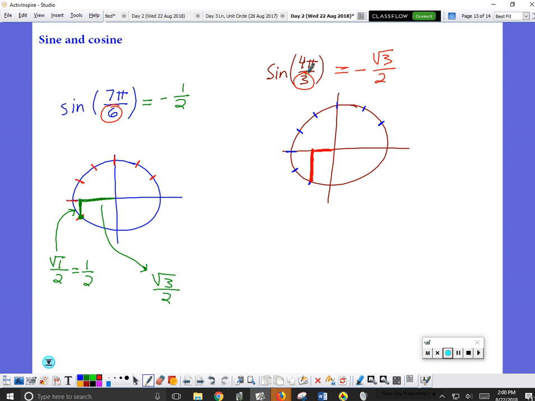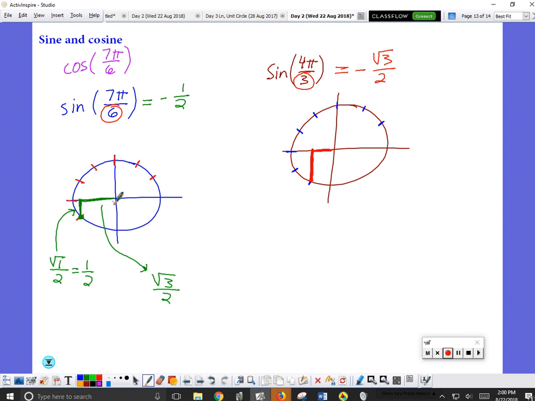Still with me? So you got the negative because I had to go down. So let's do a couple more. So like if I had to find the cosine, 3 for Shirley. If I had to find the cosine of 7 pi over 6, I'll have you help me, Shirley, just to make sure it's clicking. So the cosine is the back and forth distance. So is it the long or the short?